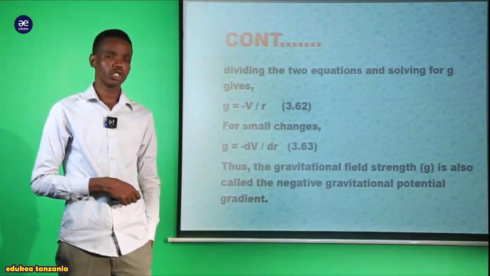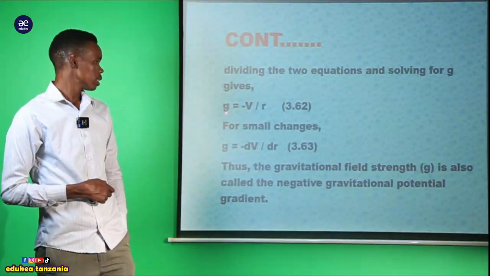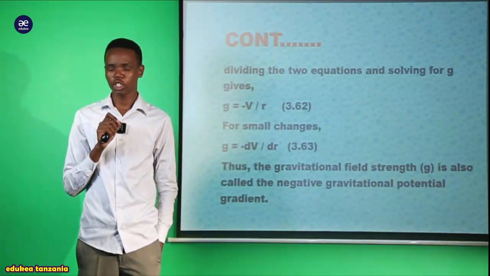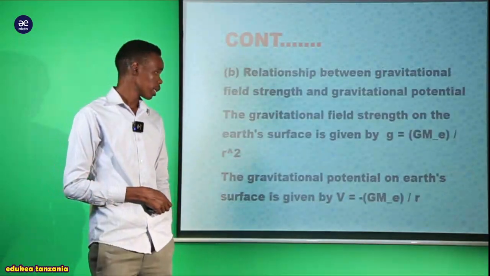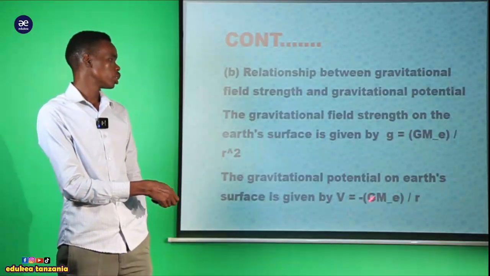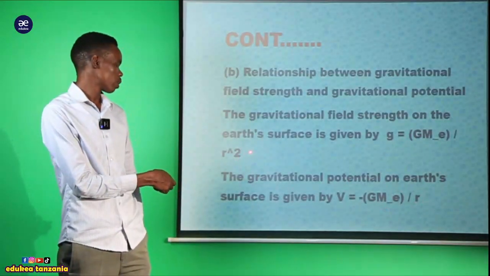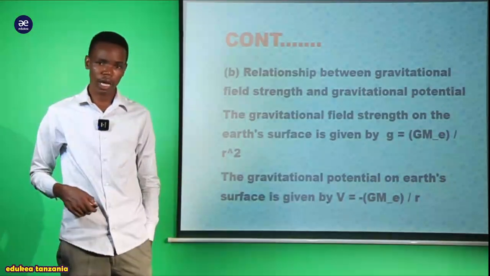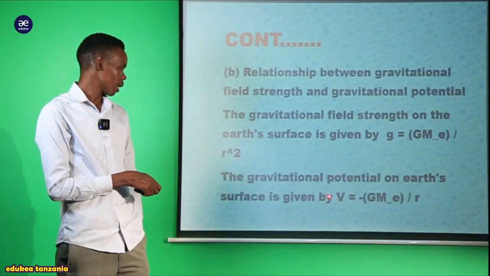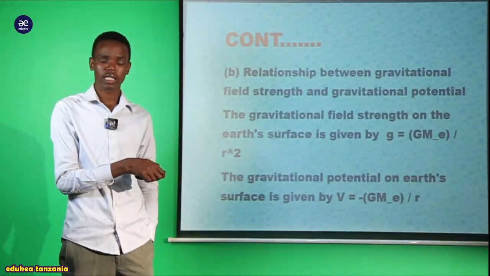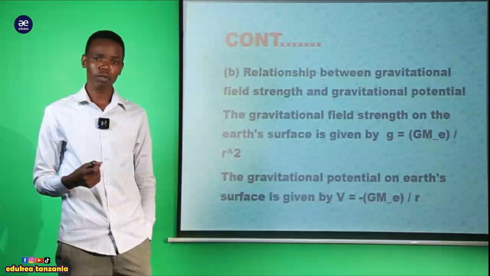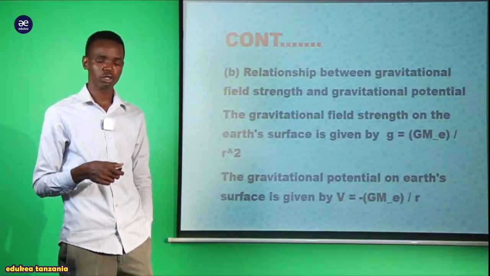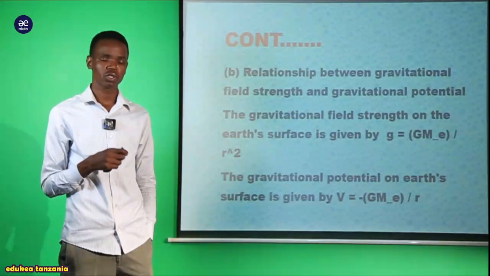So if we divide, we should obtain that the gravitational field must be equal to negative gravitational potential divided by R, because when we divide, GME is common and cancels, but there is R squared here, and one of the R's cancels. After cancelling, we remain with g divided by V equal to negative 1 over R. But we are supposed to make g the subject, so we multiply by V throughout.